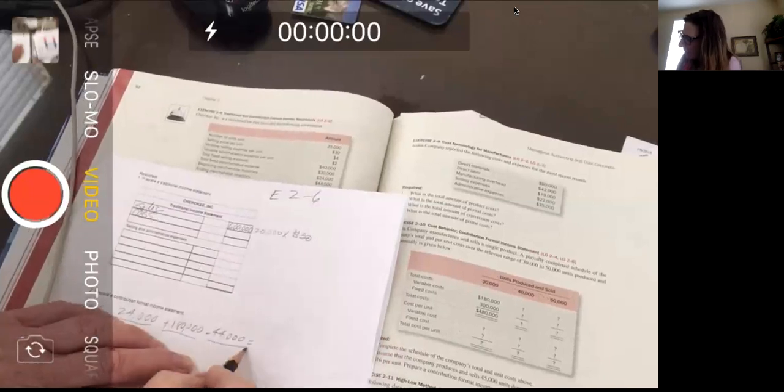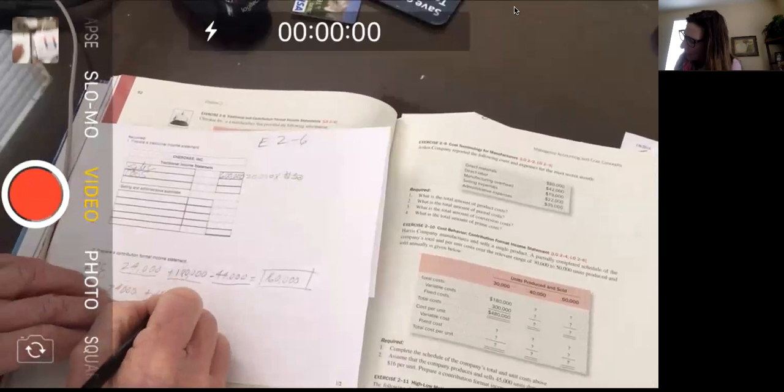which means my cost of goods sold... I have a beginning, I added some things in, I had this at the end, and that must mean that my cost of goods sold is 160,000. Another way to look at that, I had 24,000 to begin with. I added in 180,000.